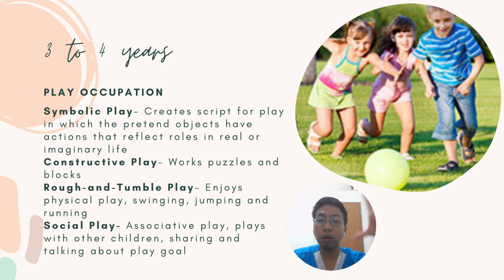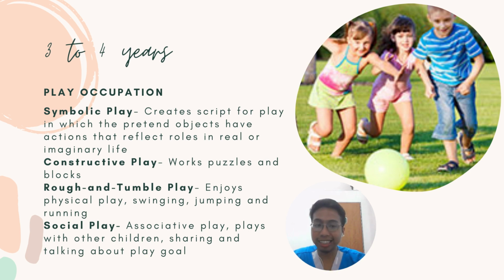And then constructive play works with puzzles and also blocks. They enjoy rough and tumble play, developed from 2 to 3 years. This time they enjoy physical play: pushing, pulling, swinging, jumping, and so on. And social play includes associative play, playing with children, sharing and talking about play goals, contoh, kita main hide and seek.